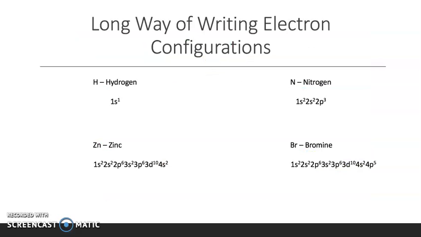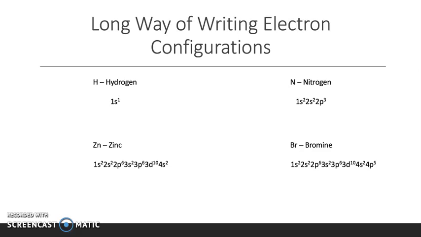This is the long way of doing this. I already have some examples of elements and their electron configurations completely written out. Starting off really simple with hydrogen, for example, being that it is the first element on the periodic table. If we looked at the periodic table, we'd recognize that it's in the 1s orbital.